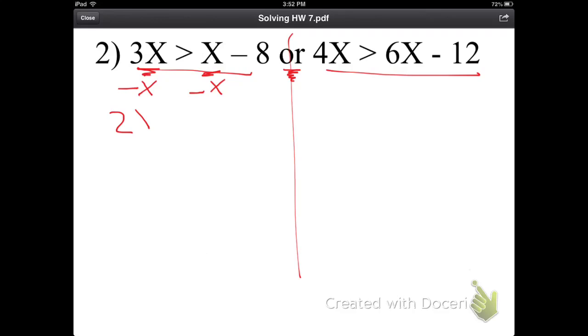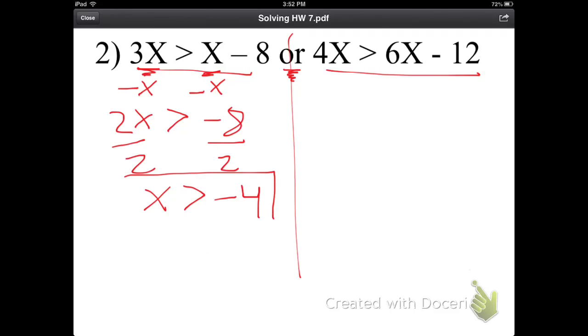So now I'm at 2x greater than -8, and now I want to get x by itself still, so I'm going to divide by 2, and that gives me x is greater than -4. At this point, I have my solution for my left side. X is greater than -4.